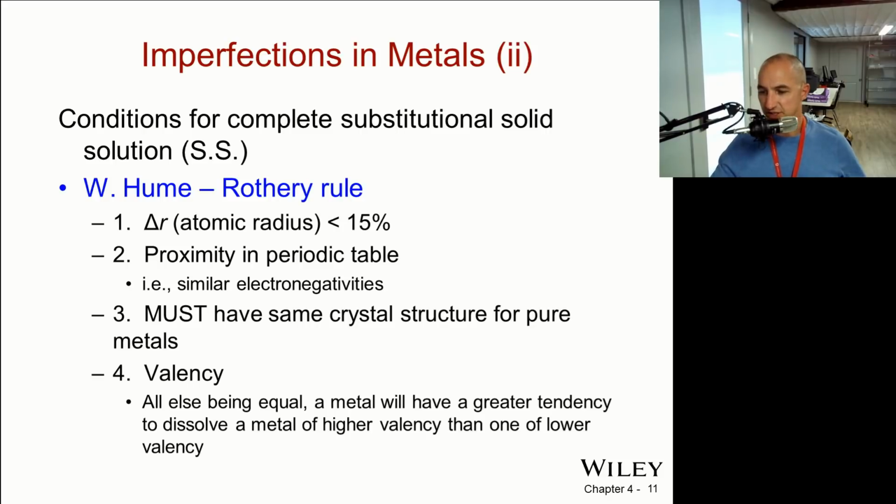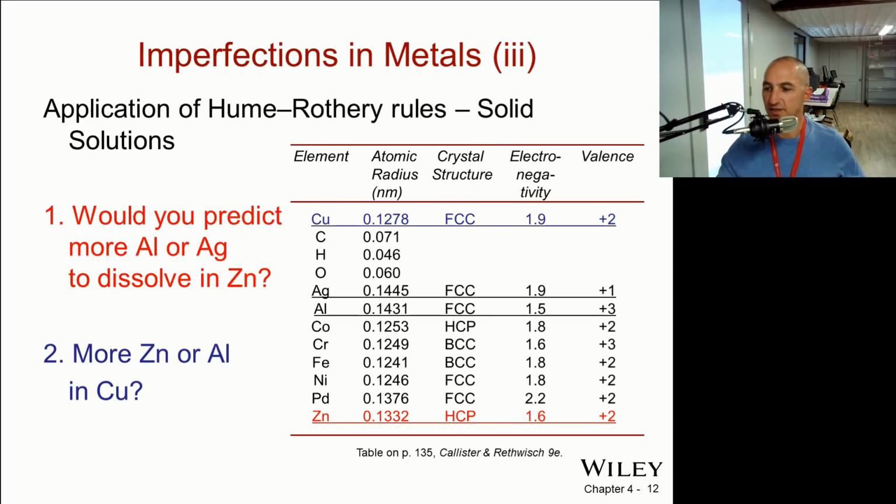Remember, valency is just the number of electrons that the atom uses when it binds with another atom. For example, oxygen has more electrons that it can give, while sodium only has one. So oxygen has a higher valency than sodium. All right, let's look at an example of Hume-Rothery in action.